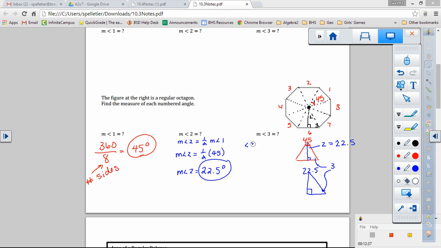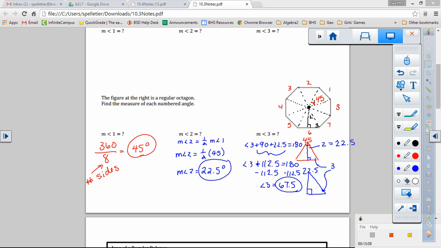So I have angle 3 plus 90 plus 22.5 equals 180. Combine your like terms. Angle 3 plus 112.5 equals 180. Then I'm going to subtract the 112.5, and angle 3 equals 67.5. So I'm able to find that third angle.